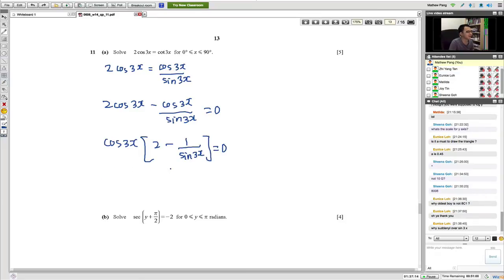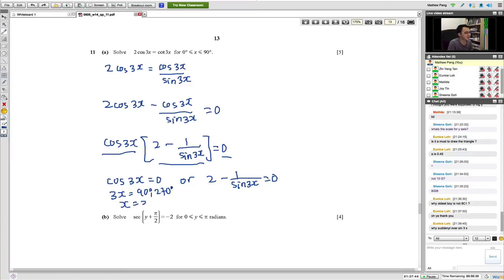Therefore I will have cos 3x equals 0, or 2 minus 1 over sine 3x equals 0. Correct or not? If this one equals 0 or this one equals 0. So cos equals 0 at 90 and 270 only. I divide by 3 later, and I have 30 and 90. Simple.